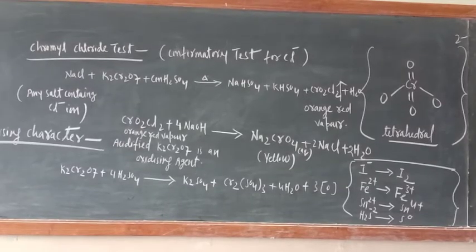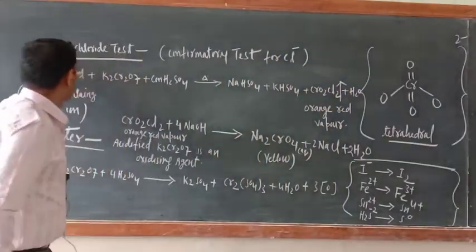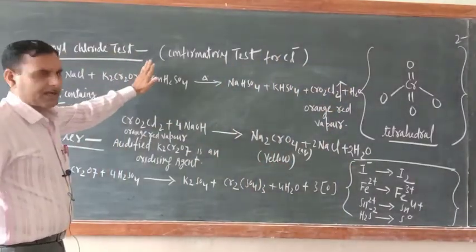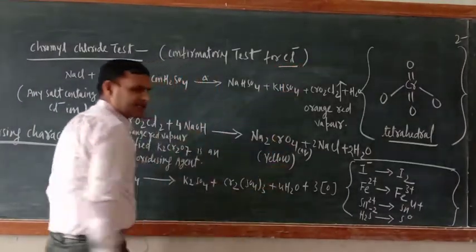Now dear cadets, just see the chromyl chloride test. What is the chromyl chloride test? It is nothing but a confirmatory test for Cl negative ion. You did this last year also.